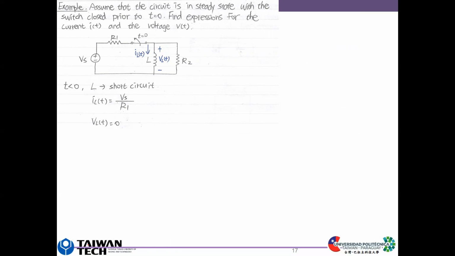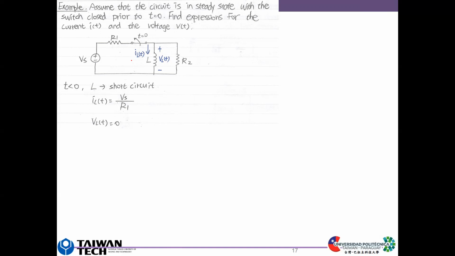This example says, assume that the circuit is in steady state with the switch closed prior to t equals 0, and find expressions for the current i_L(t) and the voltage v_L(t).